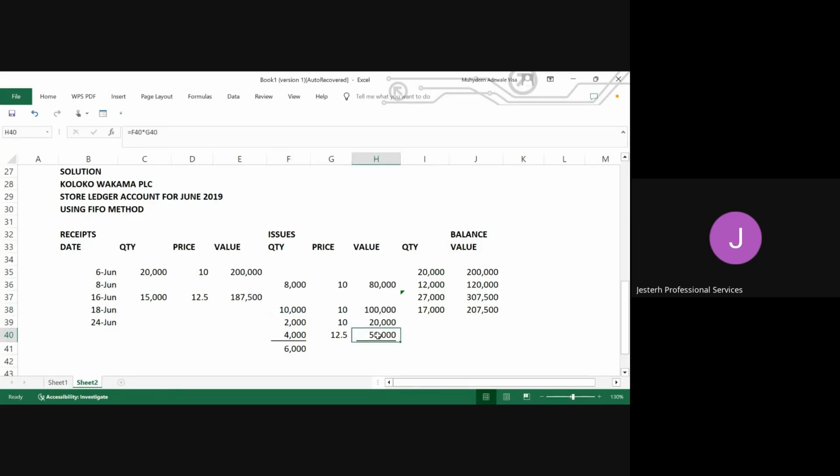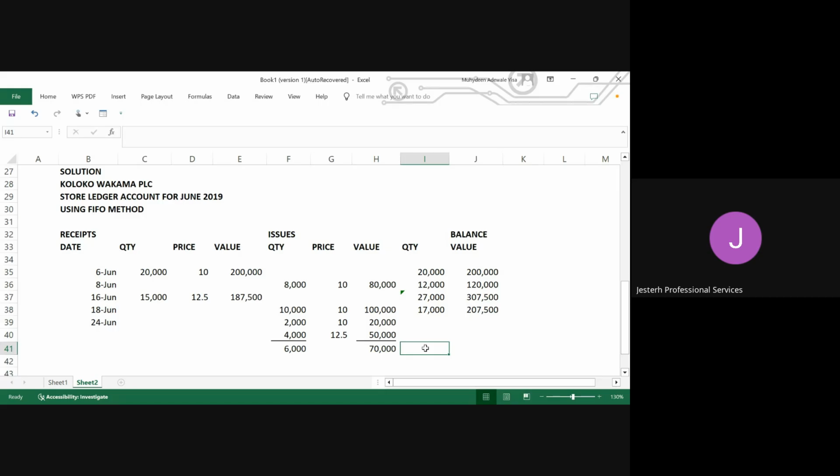The one we are issuing out now is from the one we purchased on the 16th. So for the total value of what we issue out on the 24th, it's 20,000 for the 2,000 units, and then 50,000 for the 4,000 units. It means the total value of this 6,000 quantity of material that we are issuing out is worth 70,000.